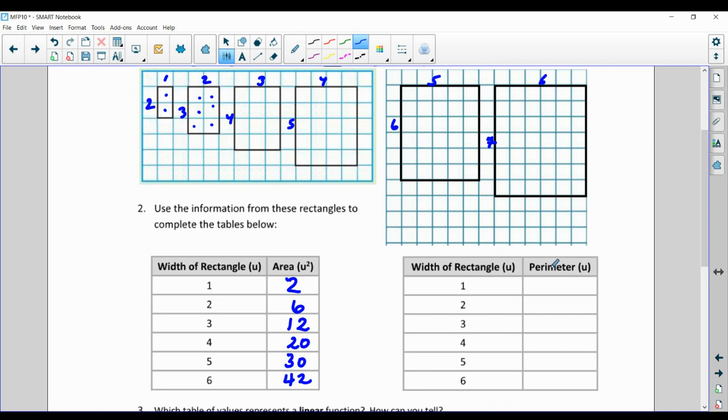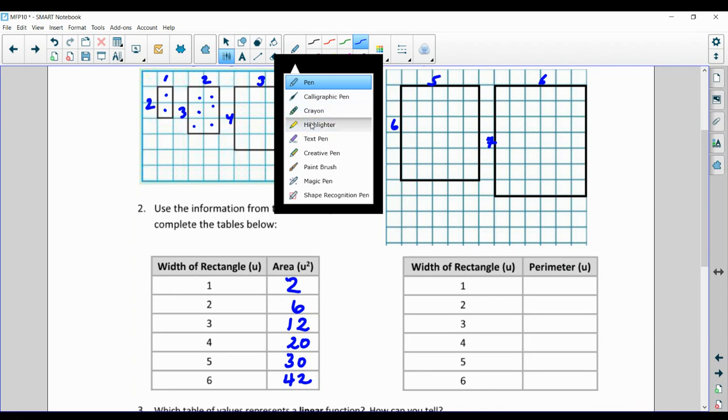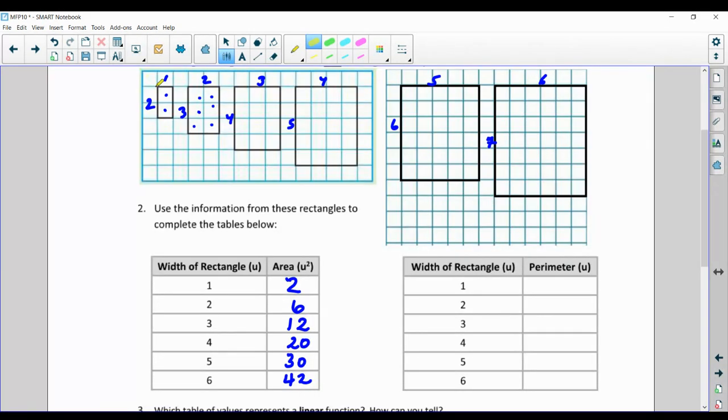The second chart is asking us to compare the width of the rectangle to the perimeter. The perimeter is the distance all the way around. So on our first rectangle here, the perimeter would be 1, 2, 3, 4, 5, 6.